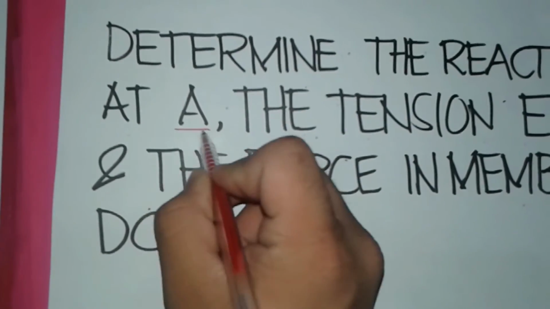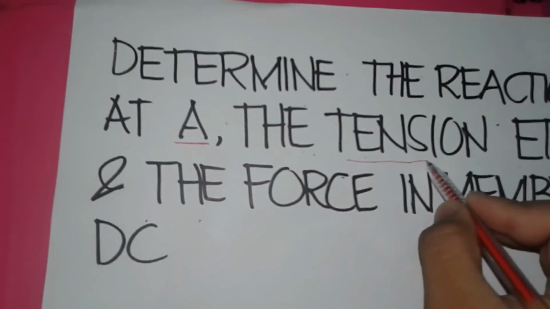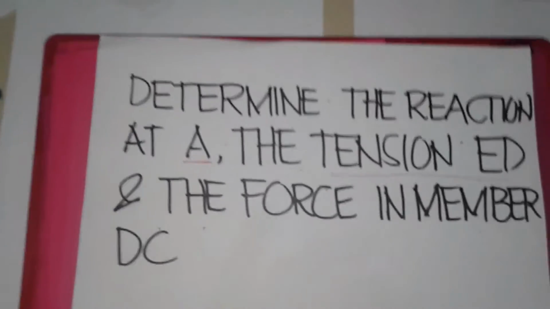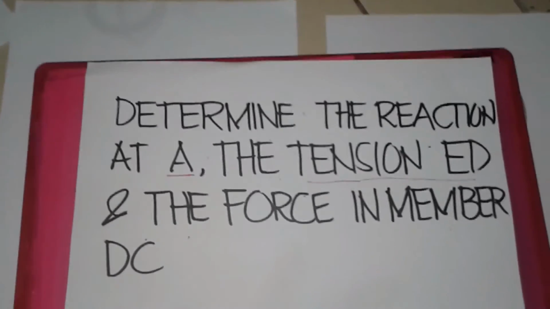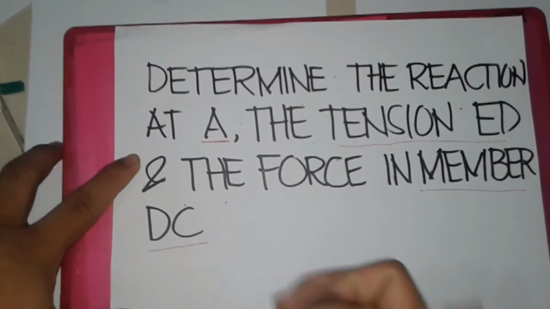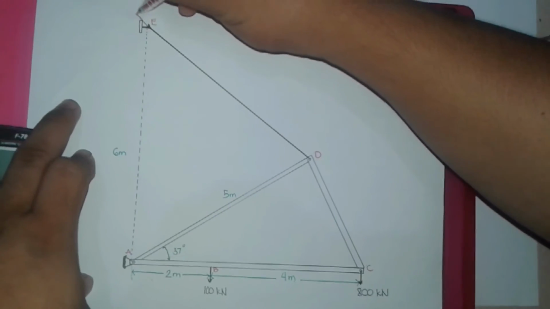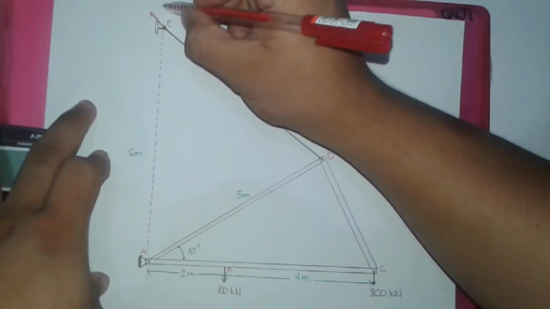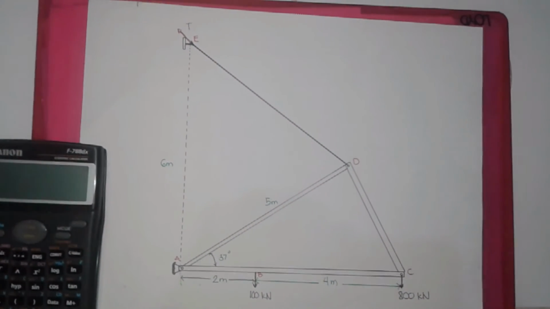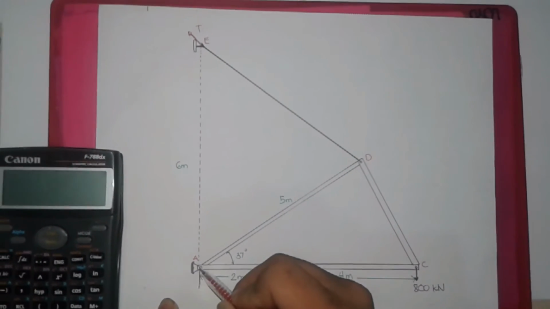Given a figure, we are assigned to determine the reaction at A, tension ED, and the force in member DC. Since ED is a tension, let's assign the force acting on point E as T, and at point A, AY and AX.